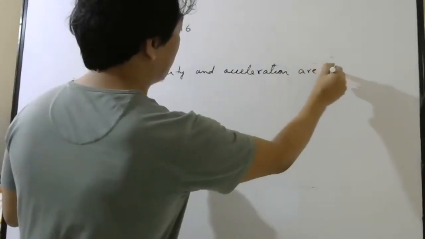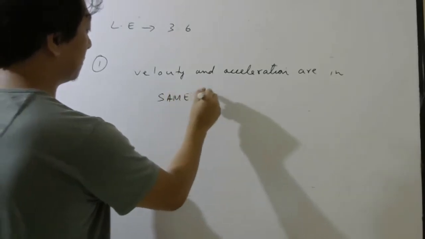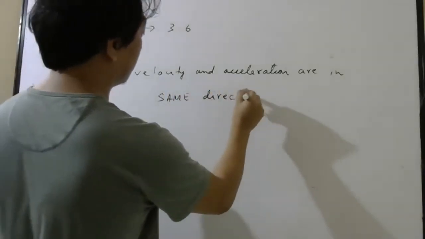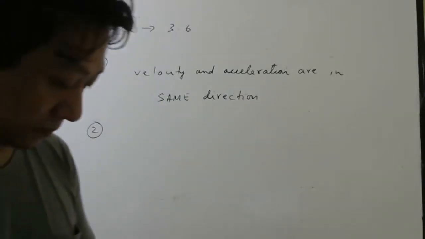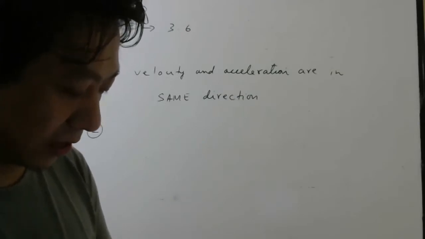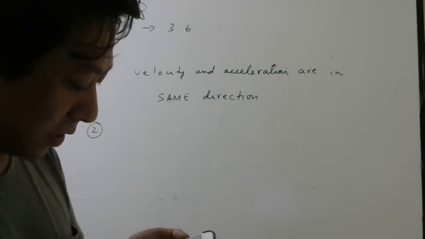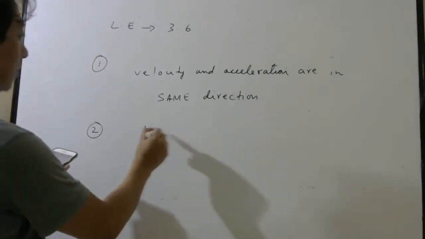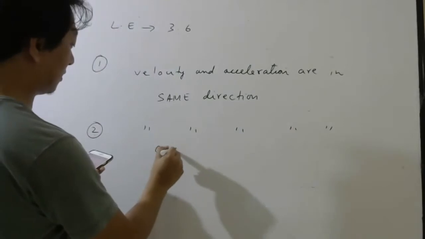Speeding up means they are in the same direction. Question number 2. If a body is slowing down in a straight line, what can you say about the direction of velocity and acceleration? Velocity and acceleration are in opposite directions.